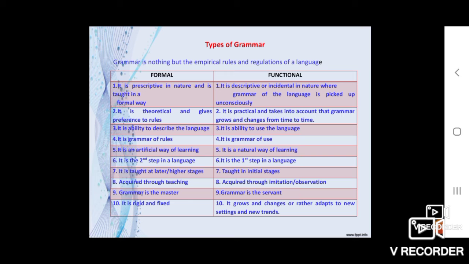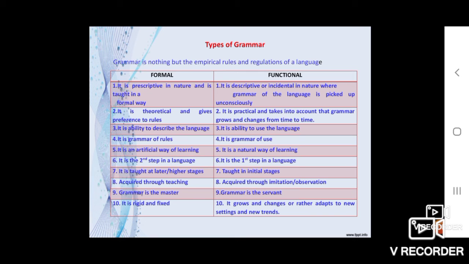Means for learning a language, you will have to try to learn the grammar of that particular language. But in functional grammar, students are directly forced to use it in their real life. Then formal grammar is taught at later, higher stages. Means if we start teaching articles, then it goes to a higher level.